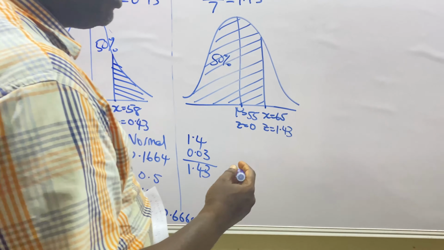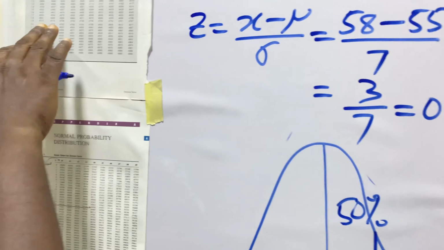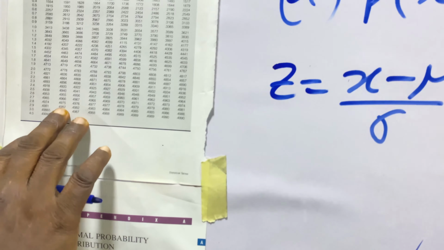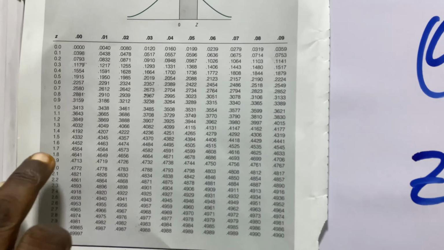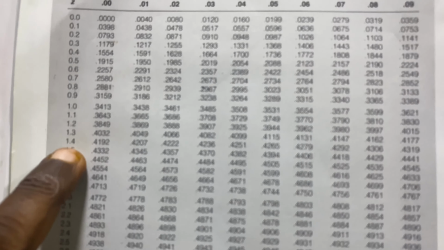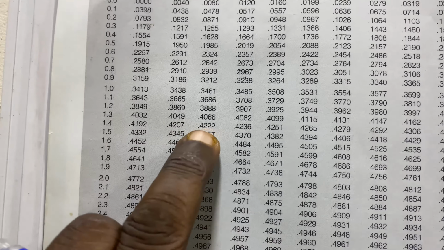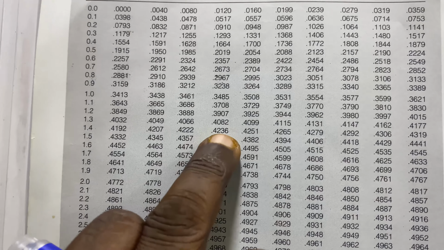Come along with me as we look at our distribution table. First of all, we'll consult our 50% distribution table, and let's look for 1.4. Okay, this is 1.4, we've seen it, and then we're looking for 0.03, and here this is it.